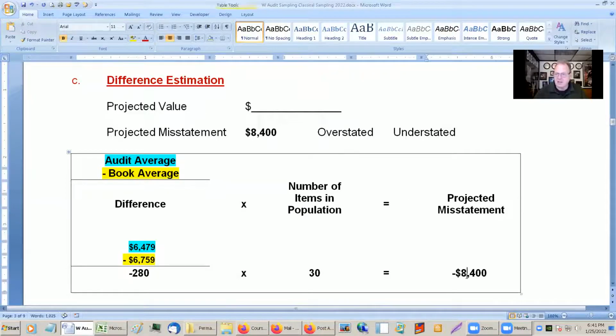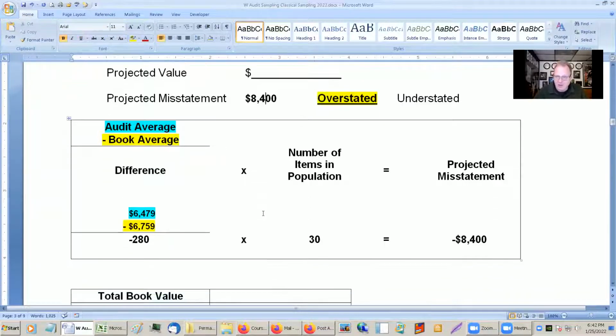And we're saying that this is overstated. Each one of these items is $280 too high, so if they have 30 of them, it's $8,400 too high. So this is going to be an overstatement of 8,400.